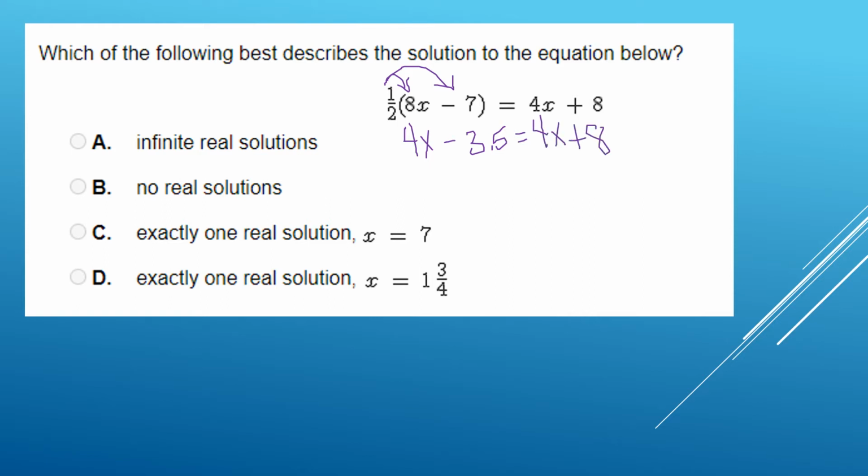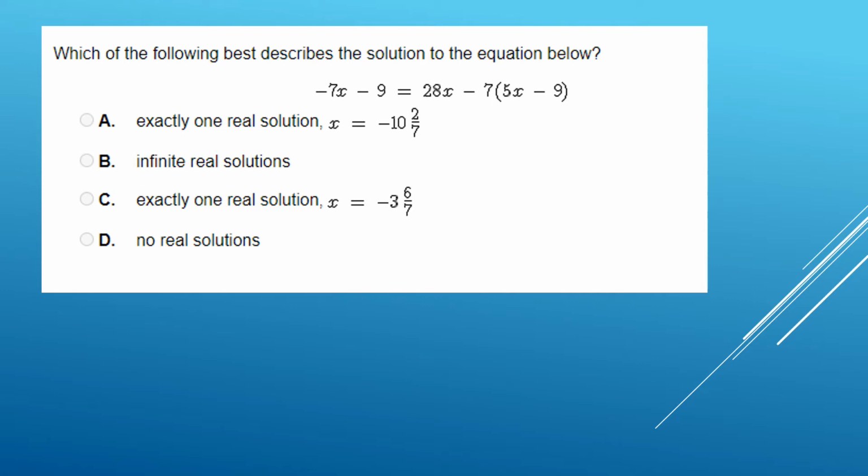And I'm going to subtract 4x from both sides to get it simplified. That forms a 0 pair. 4x minus 4x, that forms a 0 pair. Does negative 3.5 ever equal 8? No, it does not. So that means there are no real solutions. If you ever get a number that is equal to another number and it's not really equal, there are no real solutions.